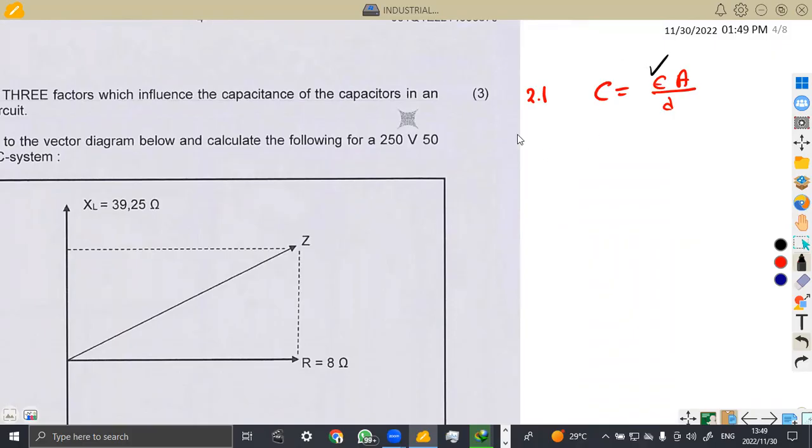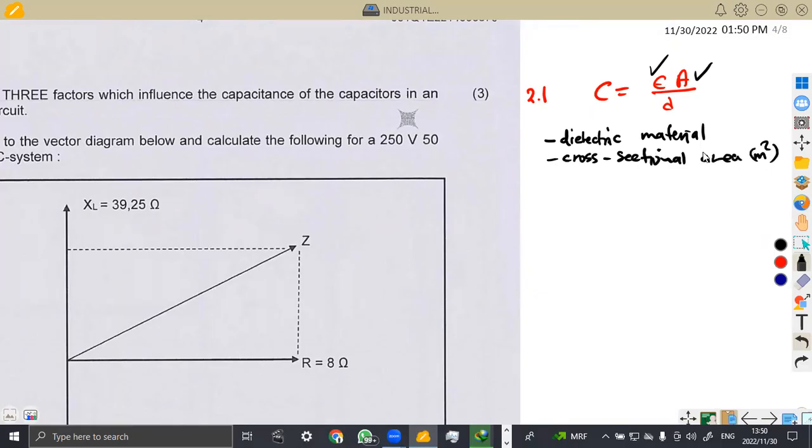We can talk about the dielectric material. We can talk of the area, the cross-sectional area, which is measured in square meters. Then the D, that is the distance between the plates.